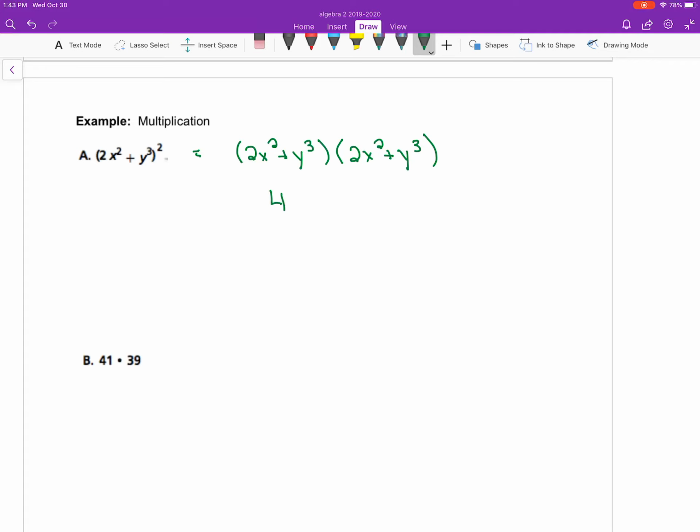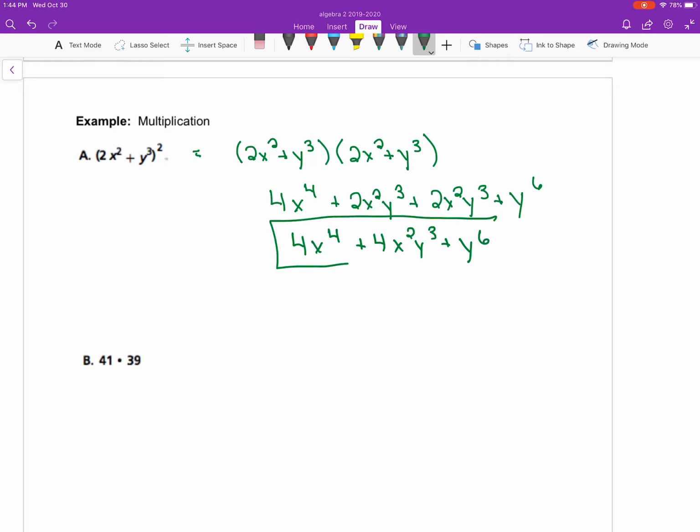And you end up with 4x to the fourth plus 2x squared y cubed plus 2x squared y cubed plus y to the sixth. And combining your like terms, you get 4x to the fourth plus 4x squared y cubed plus y to the sixth. As straightforward as that.